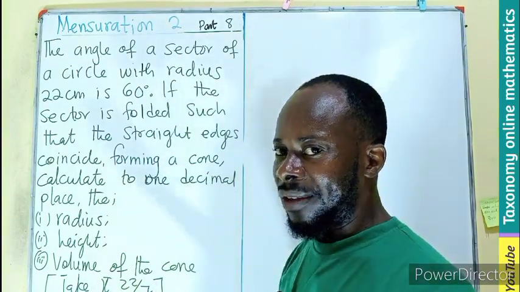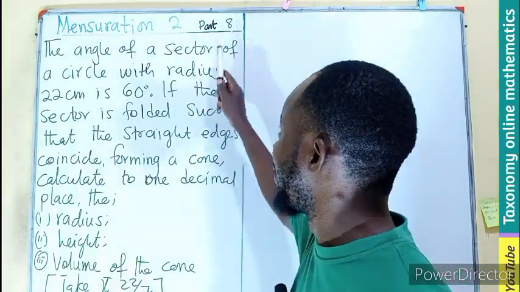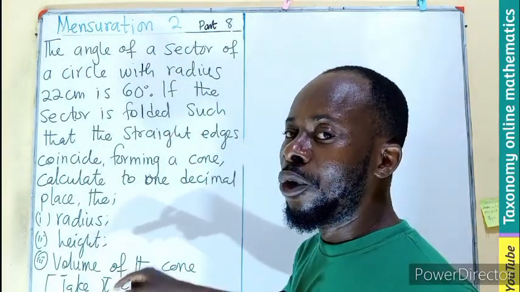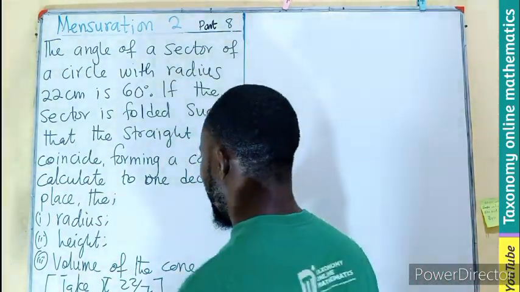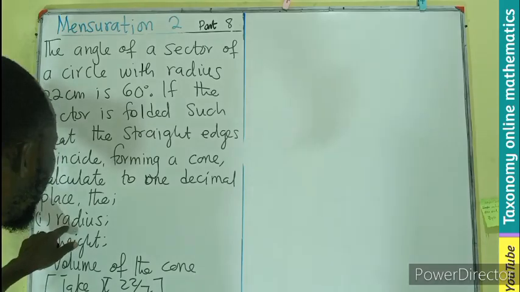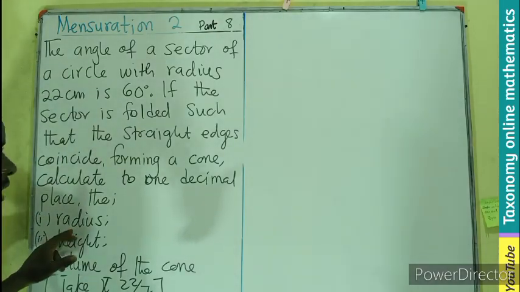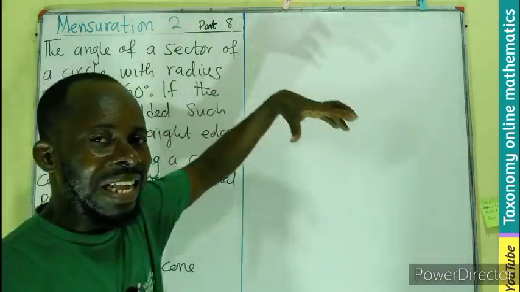If you have been following this tutorial from the beginning, this is episode 8 of the volume of a cone. You will know that in finding the radius of this, we know the sector.